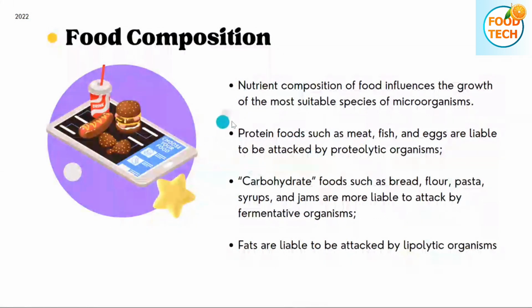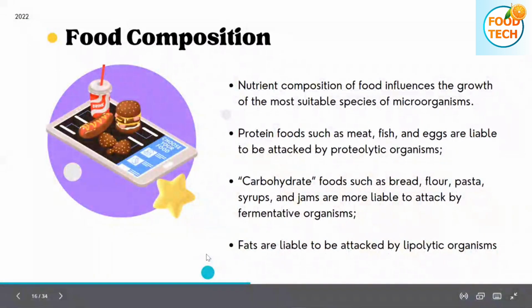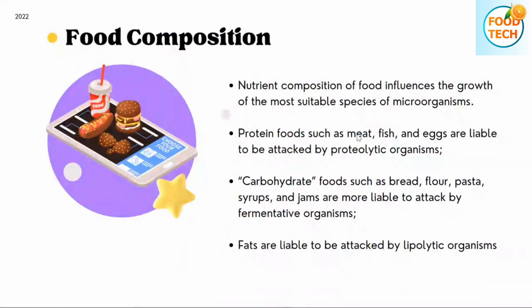They know their food is rich in protein, so the kinds of microbes that can attack this food must be controlled. Similarly, they use specific techniques to control those microbes. In the case of carbohydrates and fats, food processors use certain techniques which could kill these microbes in food.